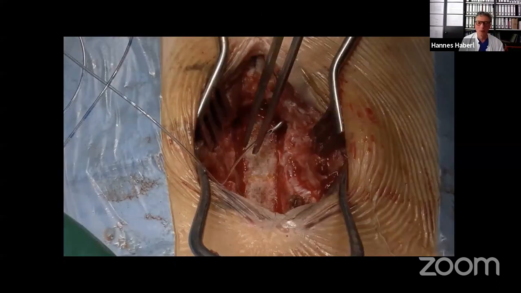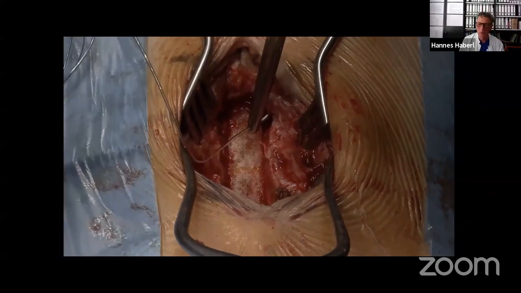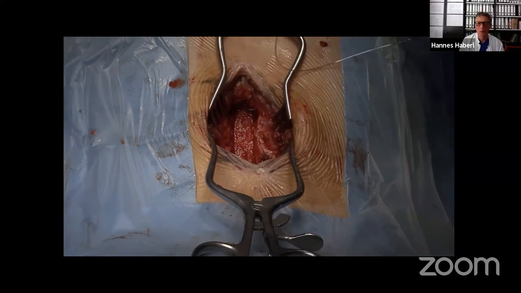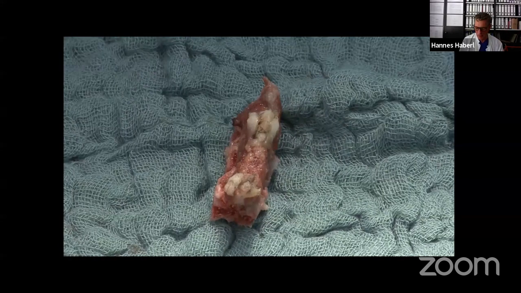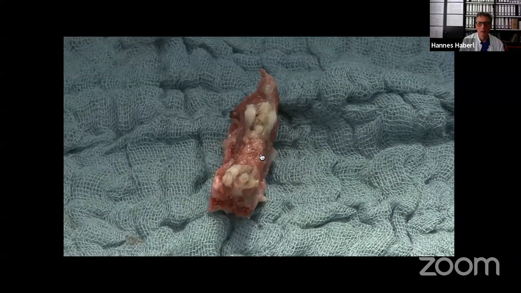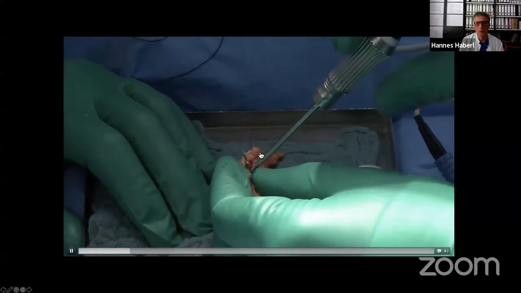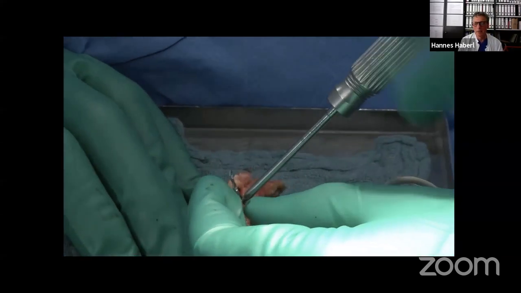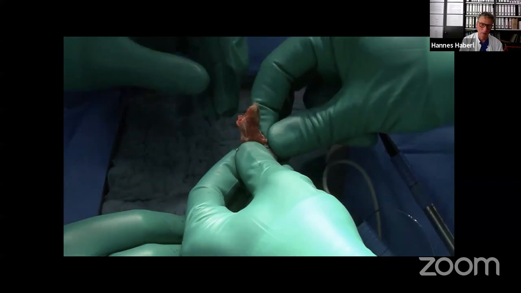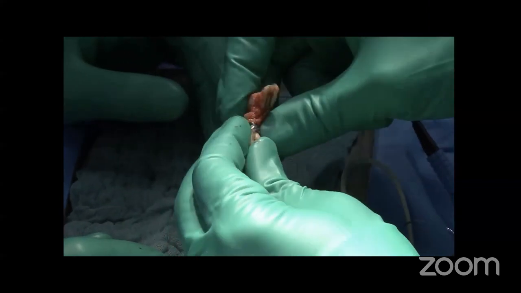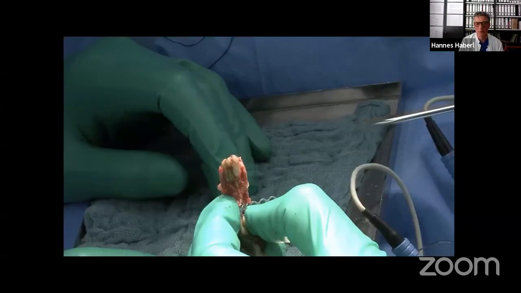Then there is a dura closure, and we put in an epidural catheter for additional pain management to the intravenous pain management. This is a little piece of bone with one lamina, and we put in a little titanium plate. It can stay inside the body. We never take it out again, with 4 little 5mm screws.